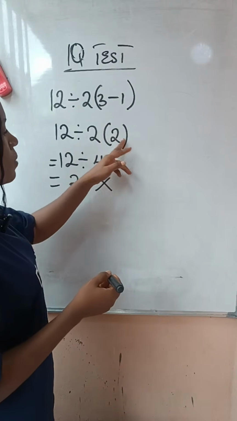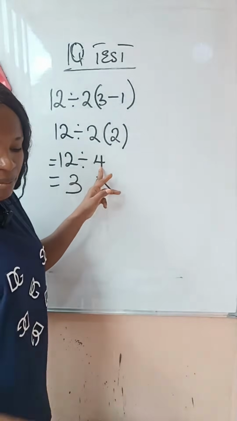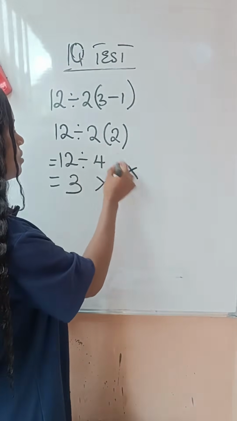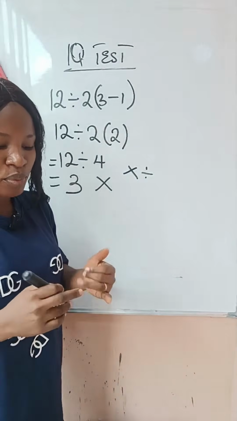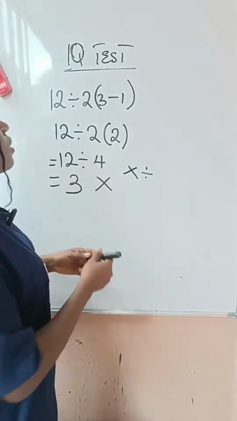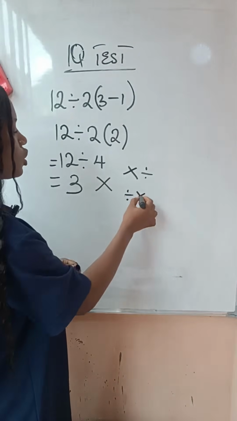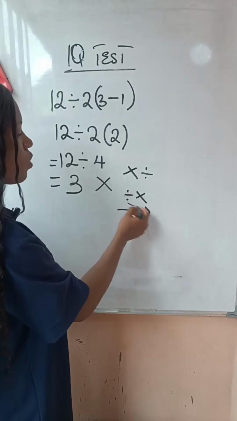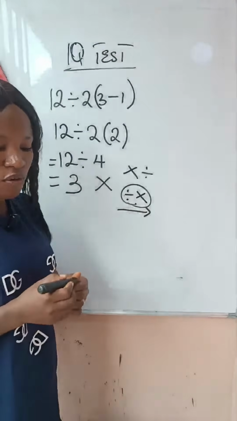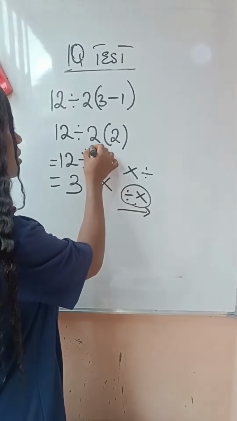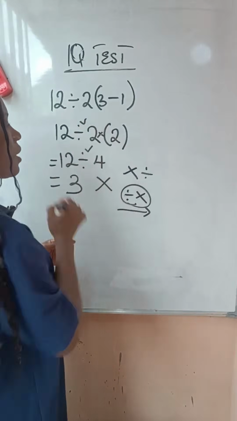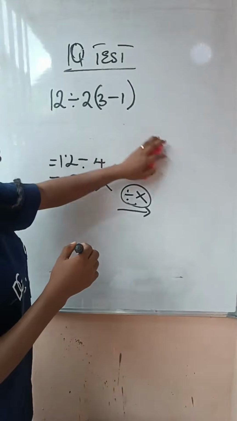You did 2 multiplied by 2, which is 4, meaning that you multiplied before you divided. But according to BODMAS or PEMDAS, division and multiplication, you solve from left to right. Anyone that comes first, you solve it. So you're supposed to divide before you multiply.